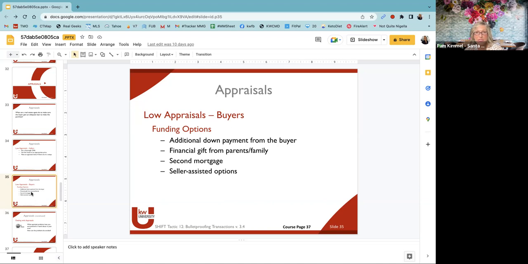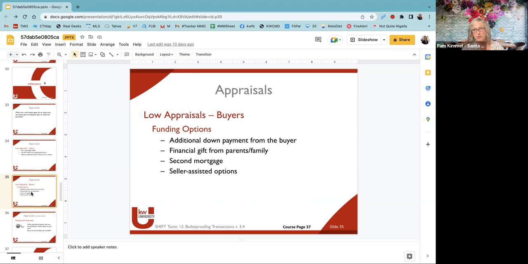That's true. And then, with a low appraisal, the buyer can put more money down or negotiate the sales price. They can get a gift from parents or someone in their family, but for sure you have to talk with your lender and make sure that the loan program they're using allows for a gift from their parents, a second mortgage or a bridge loan.